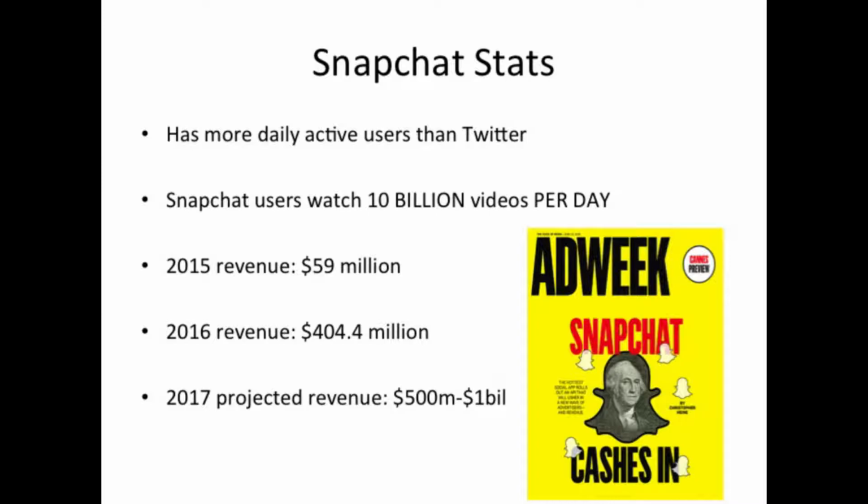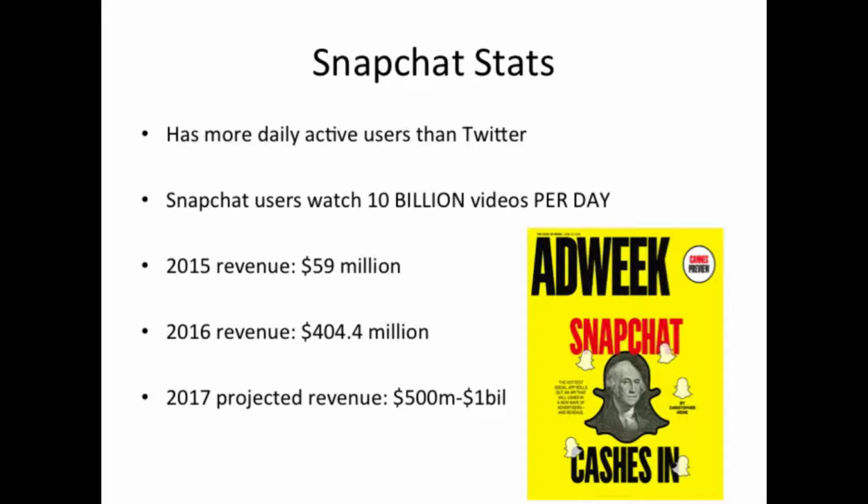So companies like Snapchat, who basically traffic in video, are setting themselves up to be the future of communications. Now, Snapchat is a perfect example of how mobile video driving digital content is the new thing, because users of the app watch 10 billion, with a B, videos every single day.